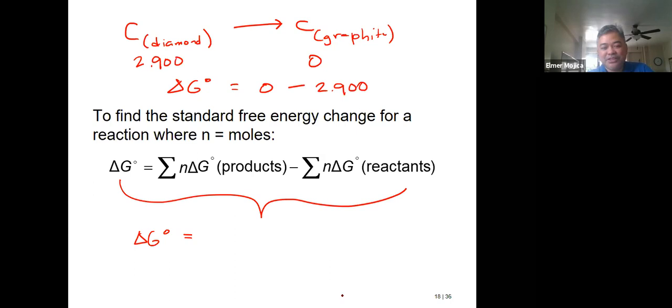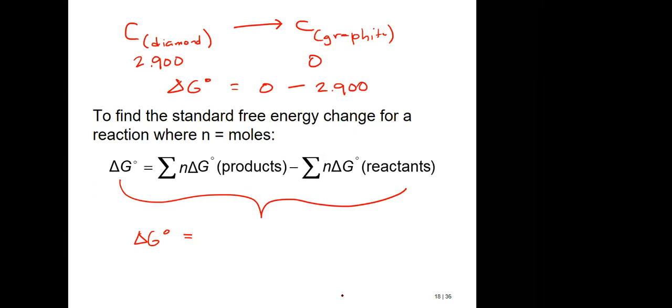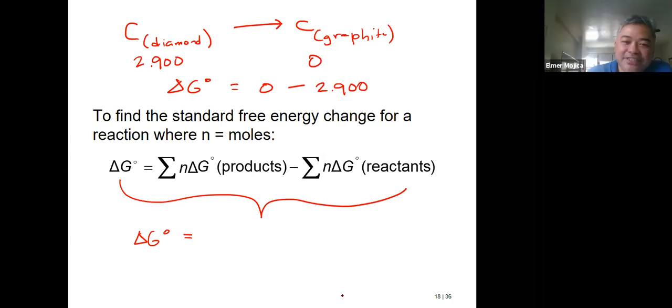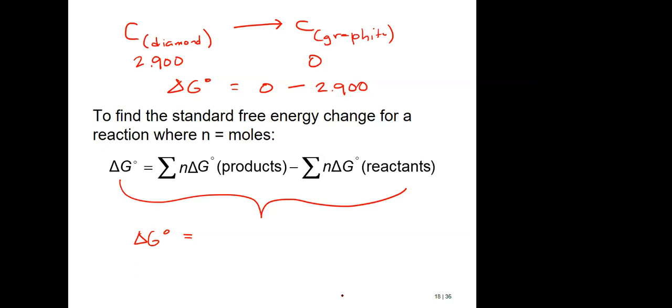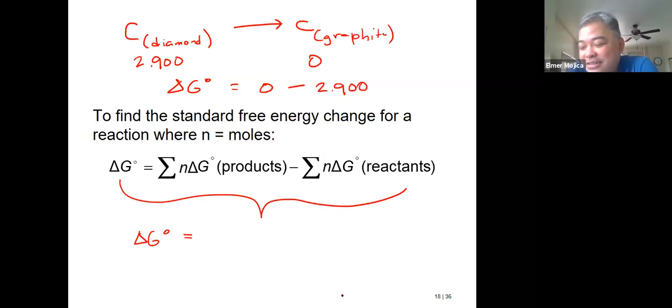The negative 2.900. Is it spontaneous or not? It's spontaneous. So you would say it is spontaneous. So what is your answer now to the question?